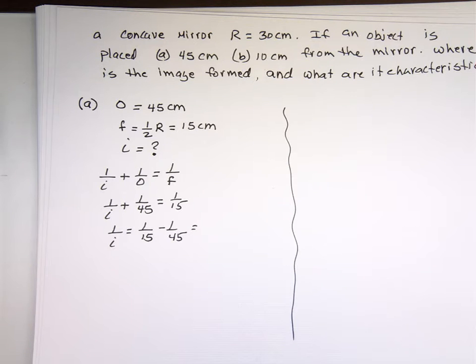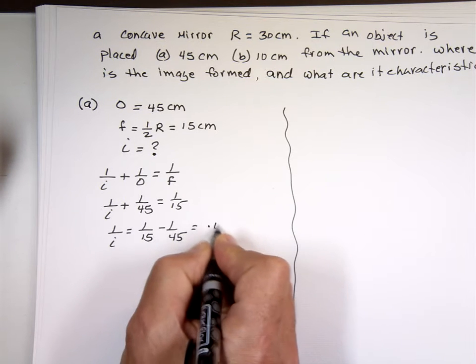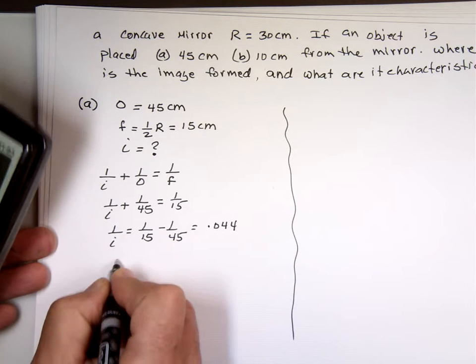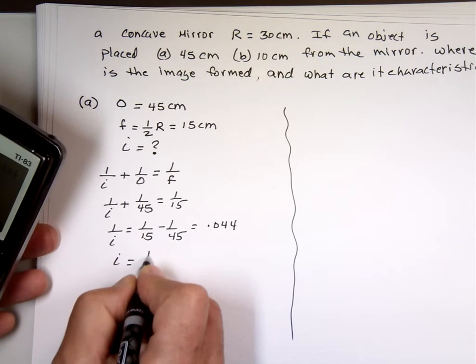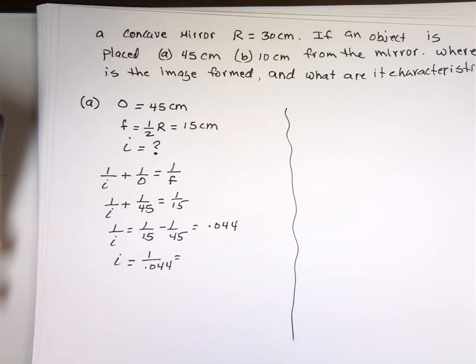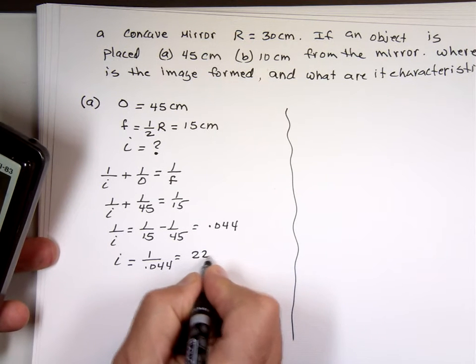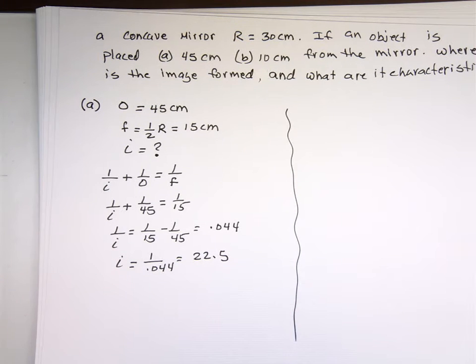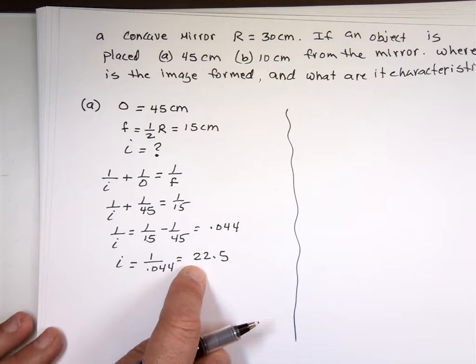And I came up with 0.044. What is i equal to? 1 over that number, is 22.5. Notice it's a positive value. There's a positive here. I know that's a real image.